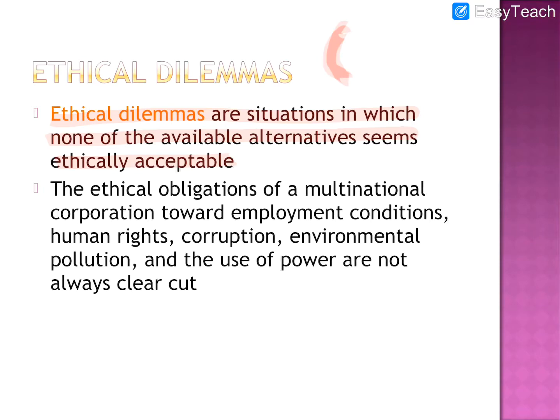What is mencuri in English? Okay, you need to steal something. For example, you don't have money and you want to help your parents, so you need to steal the money. This is what we call an ethical dilemma. So your situation is not ethically acceptable.